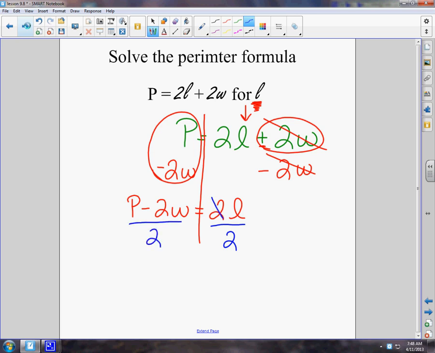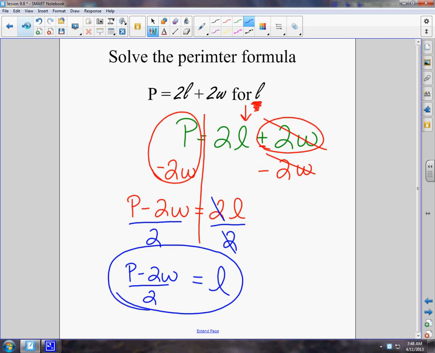Now this 2 and this 2 cancel out and I'm left with just L. Then I write P minus 2W divided by 2 as my equation. You don't have to really simplify this because you can't do P over 2. You could do 2 over 2, but just leave it like this. This would be the best way to leave it. So L equals the perimeter minus twice the width, divided by 2.